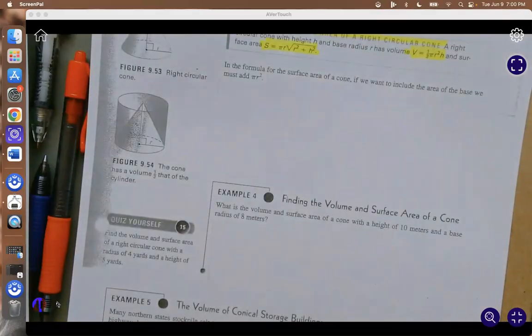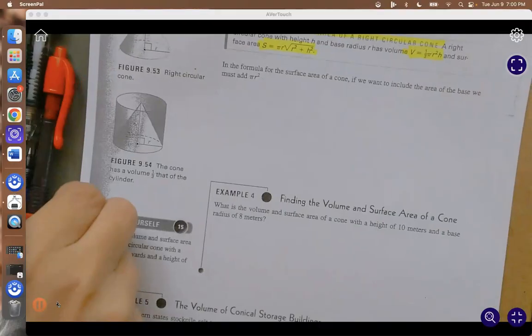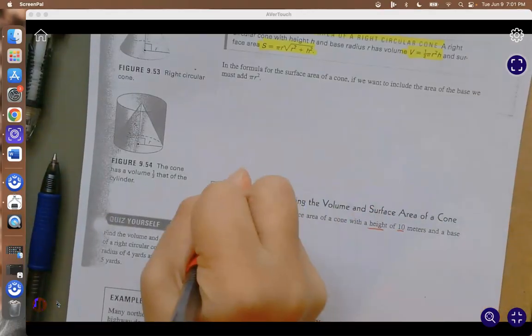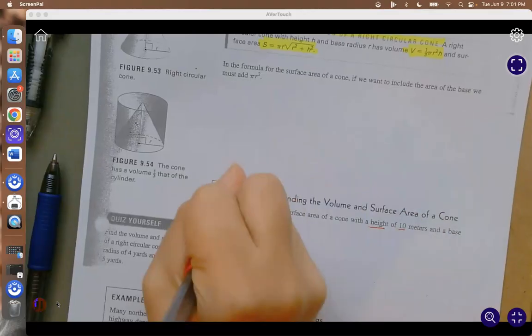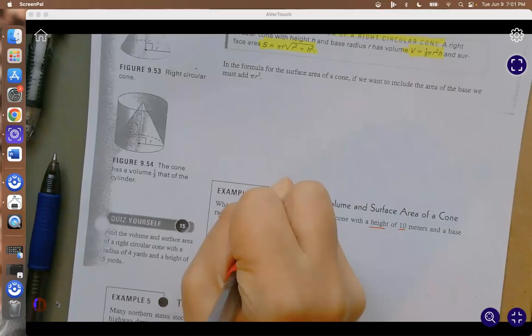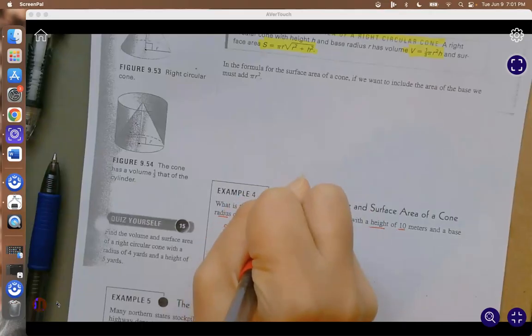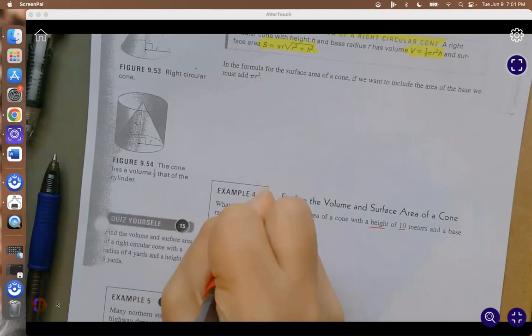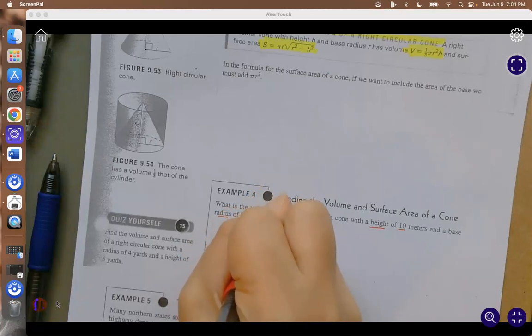Alrighty, here we go. So example 4. What's the volume and surface area of a cone with a height of 10 meters and a radius of 8? Alright, so surface area is pi r square root r squared plus h squared. So this is pi times 8.